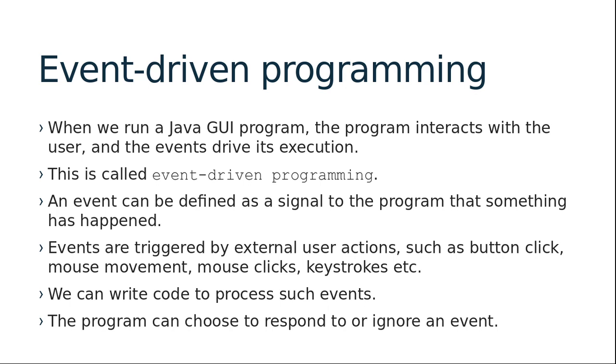Whenever there is any event, then your code or your program needs to react based on the events. So actually the user is driving your program based on events, and that's why it is called event-driven programming. So events may be a button click or mouse click or mouse movement or keystrokes from your keyboard and so on. So based on those events, we need to perform a few tasks.